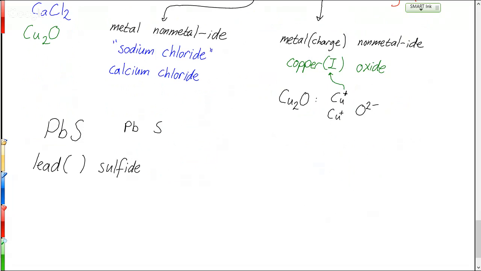Remember, anything in that column is going to have the same number of valence electrons, so it's going to have the same charge. So our sulfur is -2. So then what does the lead have to be to balance that out so that it's neutral overall? +2, yeah. So that +2 is what goes in the parentheses here. We put a Roman numeral 2 there. We call this lead 2 sulfide.